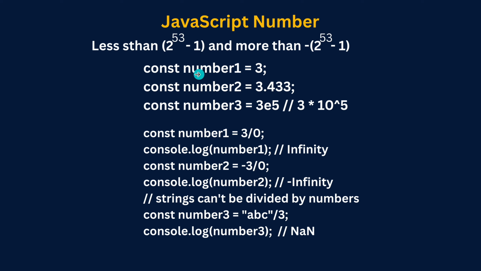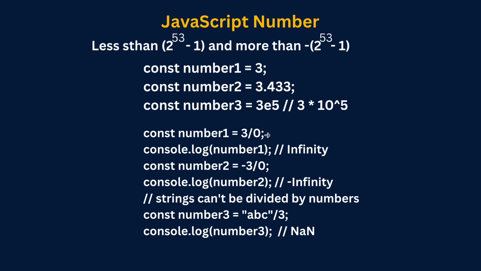And how you declare: number 1 is 3, number 2 is 3.43, this is a float type. This is number 3, 3e5. What is the meaning of 3e5? 3 into 10 to the power 5. E means 10 to the power 5. What is the meaning of this? 3 divided by 0.